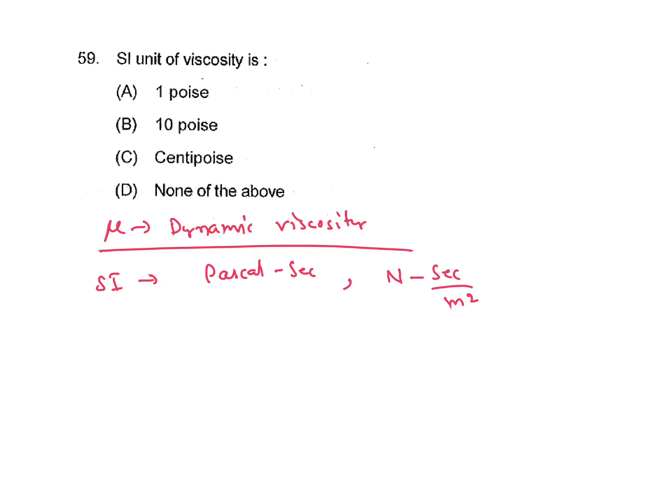CGS unit is poise, or dyne into second per centimeter square, and the relation is 1 poise equal to 0.1 Newton into second per meter square.